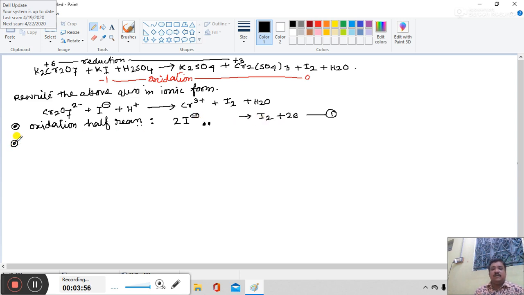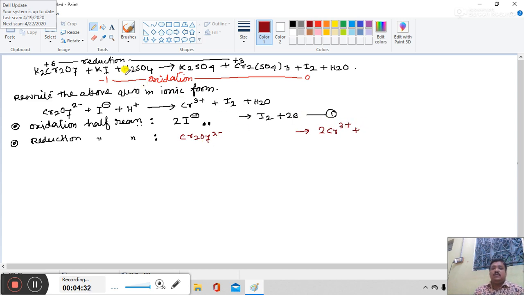Then the reduction half reaction. Here Cr2O7 2- converts to the chromic cation Cr3+. At first atom balance takes place. 2 Cr atoms are present here, so on the right hand side 2Cr3+. The 7 oxygen atoms convert to water in acidic medium.